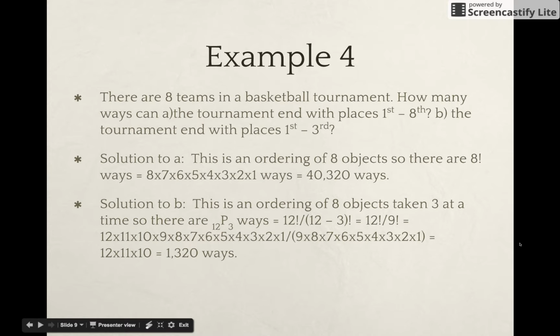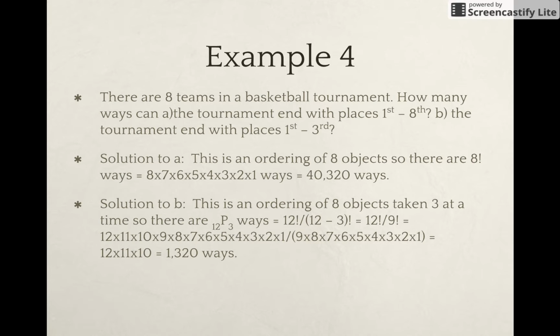Let's take a look at one more example. There are 8 teams in a basketball tournament. How many ways can the tournament end with places 1st through 8th? And then 1st through 3rd. This is like we started the presentation with. So in solution A, we're ordering all of the objects. There are 8 factorial ways, which turns out to be 40,320 ways.